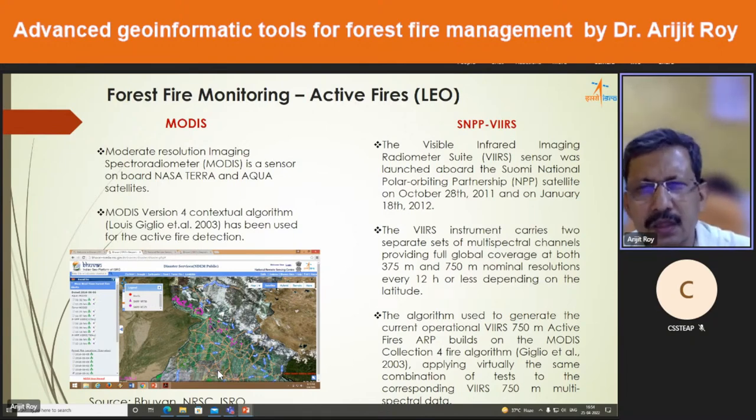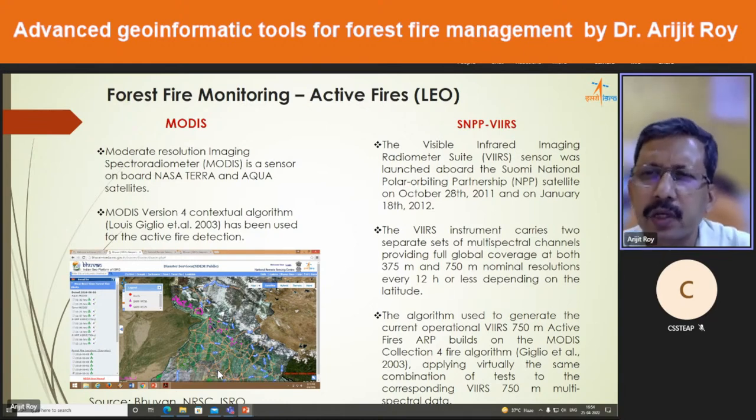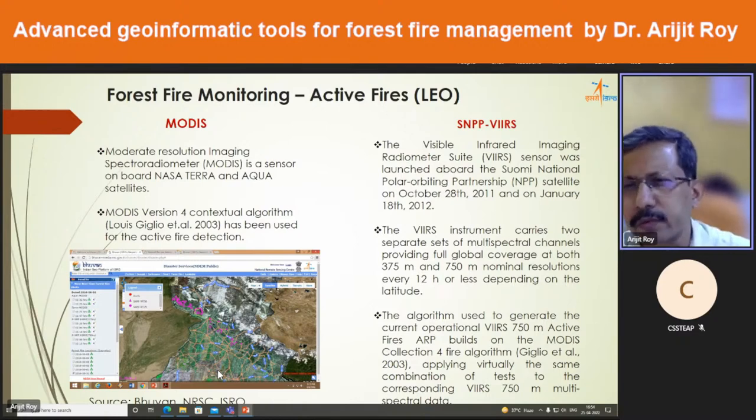So as a replacement, and also for continuity of the data, we also have the SNPP VIIRS data, which is the Visible Infrared Imaging Radiometer Suite, launched aboard the Suomi National Polar-orbiting Partnership satellite, SNPP. And we have two satellites having the same radiometer suite on board.